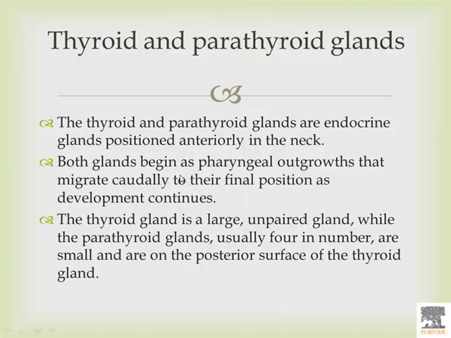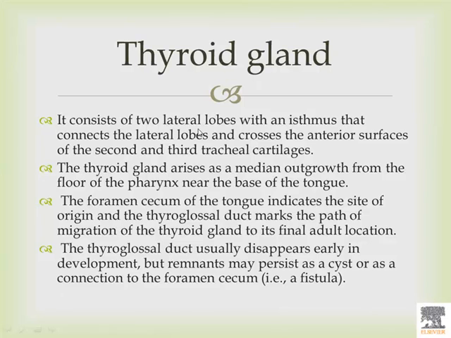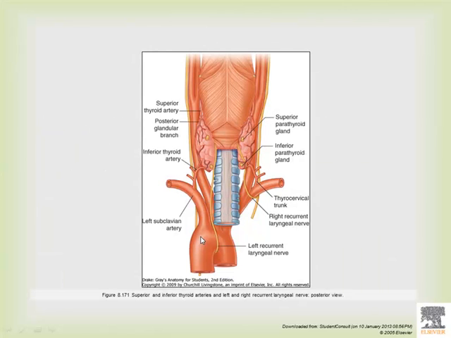Now, not only do we have the thyroid gland in this region, we also have 4 little parathyroid glands. The thyroid gland is usually big, and it has 2 lateral lobes around the trachea. It also has a median outgrowth to the base of the tongue with the foramen cecum. We're going to try to see the foramen cecum later on within the gland and show you the thyroglossal duct that will be connected to the foramen cecum.